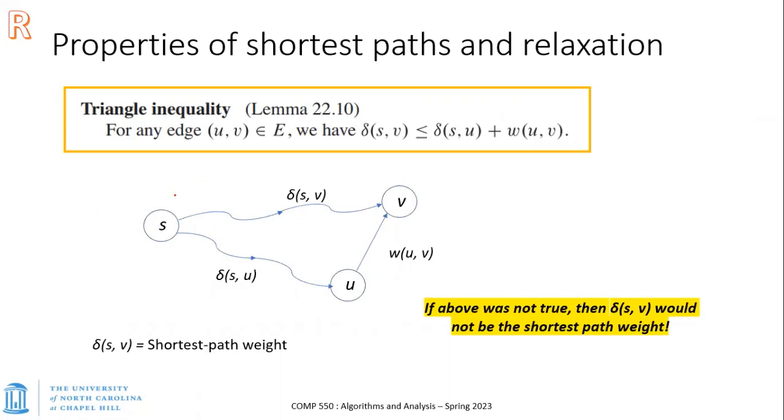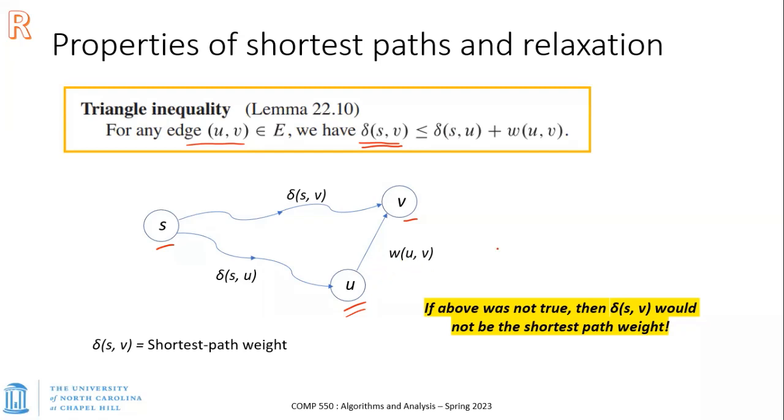And the first one was the triangle inequality, where we said that if you have an edge UV, and delta SV is the shortest path weight, then it has to be less than or equal to the path weight if you take any other path from S to U and add the weight from U to V. So delta SV has to be less than or equal to delta SU plus the weight from U to V.